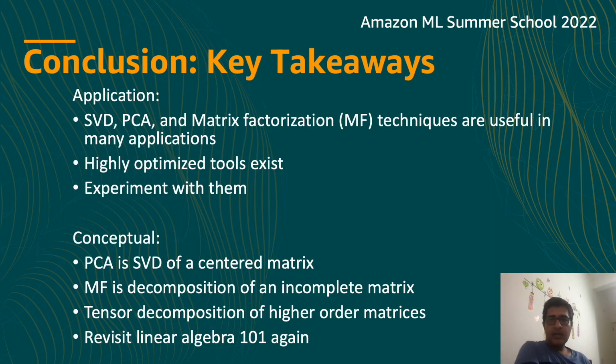So overall, in conclusion, from this module we talked about singular value decomposition, PCA, and matrix factorization techniques. We talked about non-negative matrix factorization. We saw some examples of where these can be useful. We were also able to discuss some of the algorithms that exist to solve these.